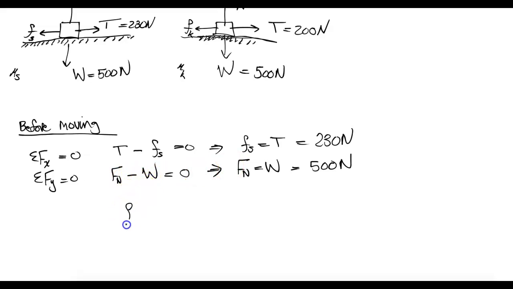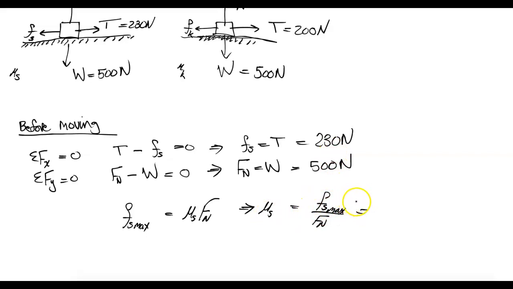And now the maximum static friction force is going to equal the coefficient of static friction times the normal force, which means that the coefficient of static friction is going to be the maximum friction force over F sub n. This maximum friction force is what we are pushing against in this case just before it moves.